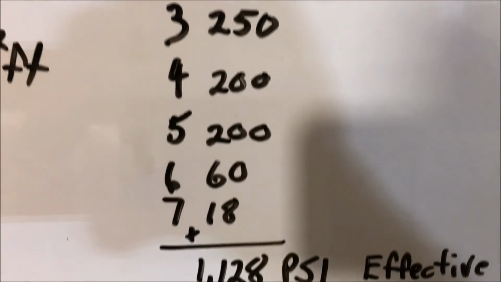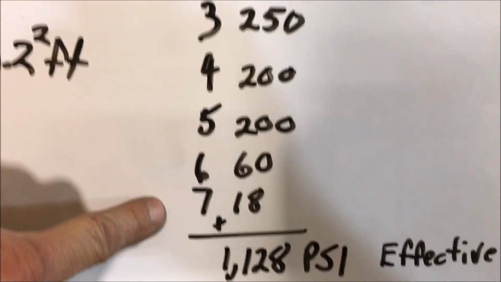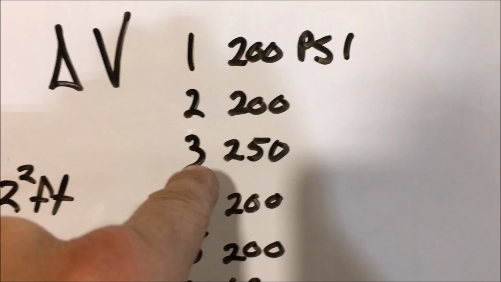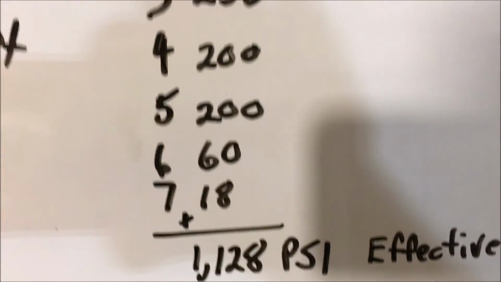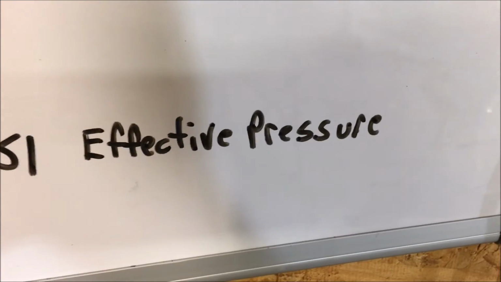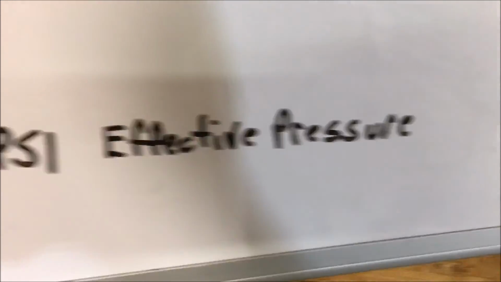Now, if we take the graph information of the pressure change plot, the delta V, we see that 7 times we purged the tank. The first time we purged the tank, it was at 200 psi, and so on. The third time it was at 250. So when you add all these up, you get a sum that physicists and engineers call the effective pressure.